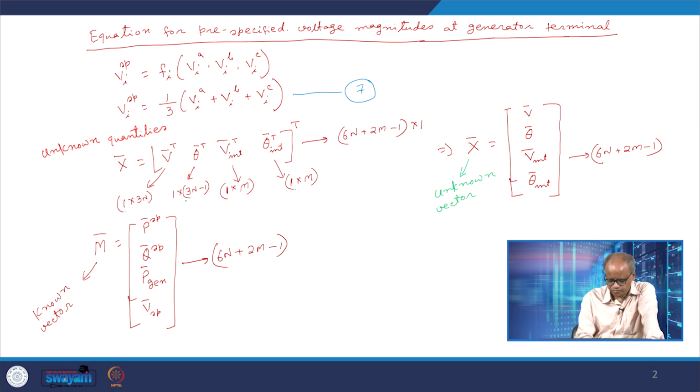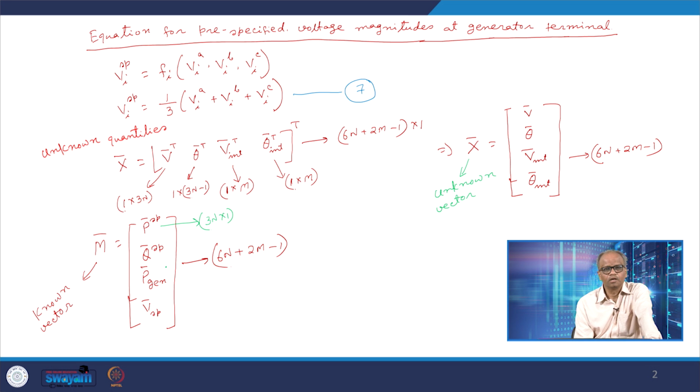Please note that P specified is nothing but the specified power at each of these original n buses corresponding to each phase. So, if my number of buses is n, then the number of P specified quantities would be 3n. So, it will have a dimension of 3n cross 1.